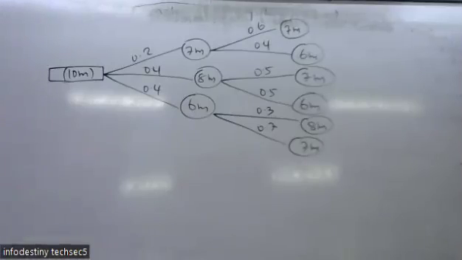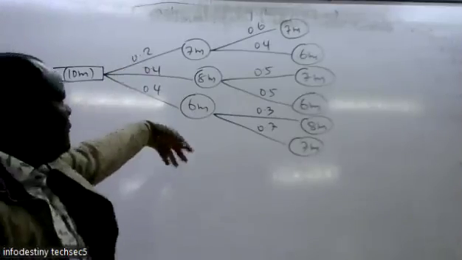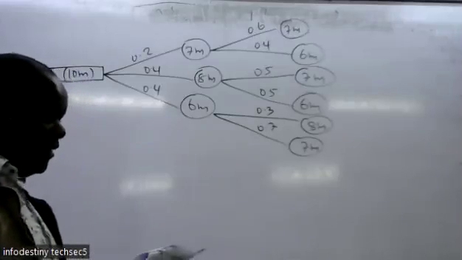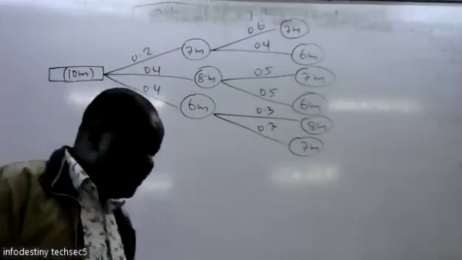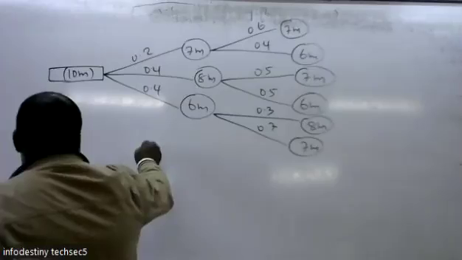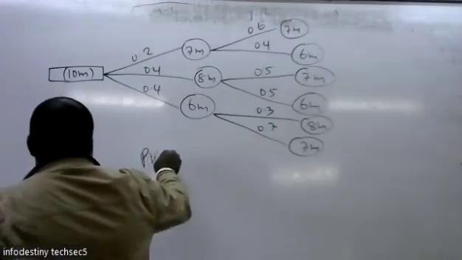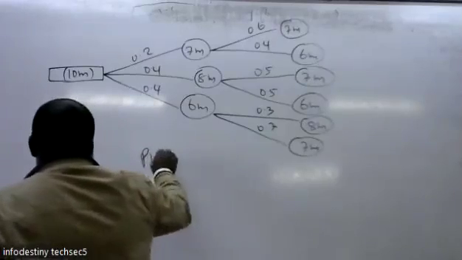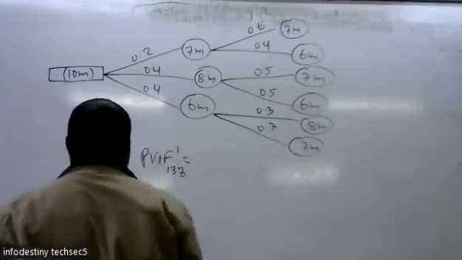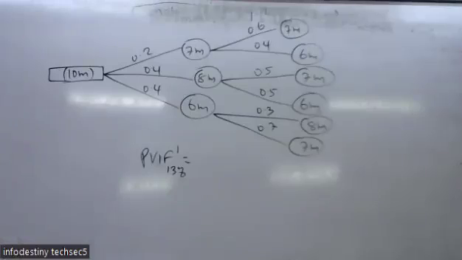So after that, we need to discount those figures. This time it was only 2 years. When you go to note number 3, the cost of capital was given as 13%. So I want you to check in the first table, what is the present value interest factor for 13% in year 1?